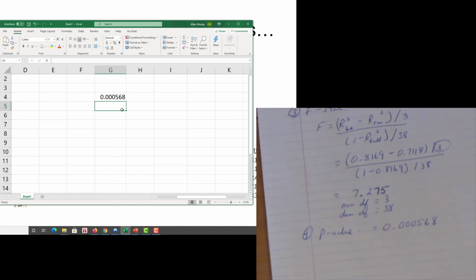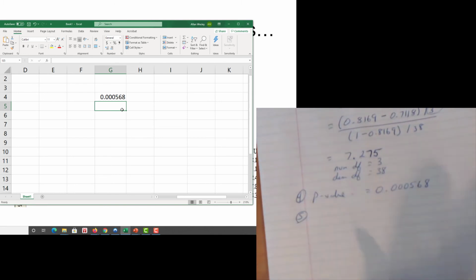Now the usual rules apply. Apply the usual decision rule, of which you know and you've come to love. P is less than or equal to alpha. Therefore, reject H0. Conclusion, at least one of the slopes is not equal to 0.